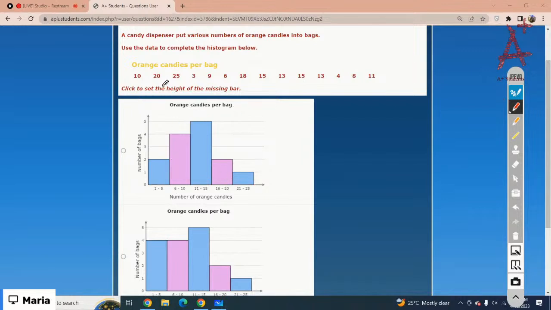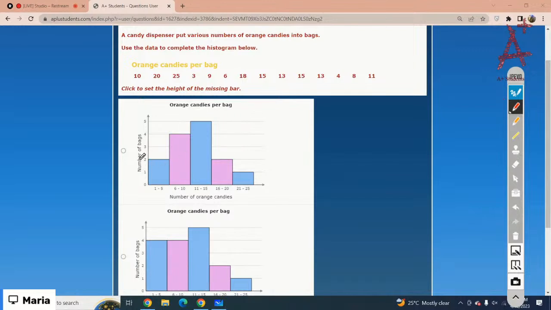Then from 11 to 15. 1, 2, 3, 4, 5. So here you can see it matches with the 5. Got it? Then you have 16 to 20. 1, 2, it would be just 2.